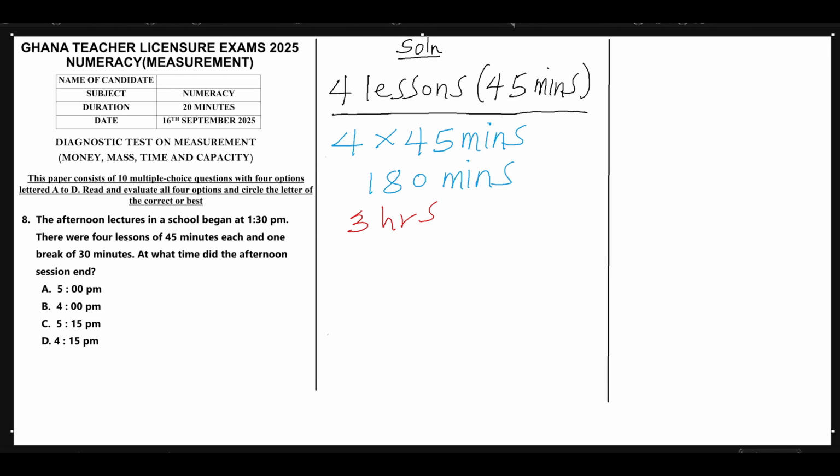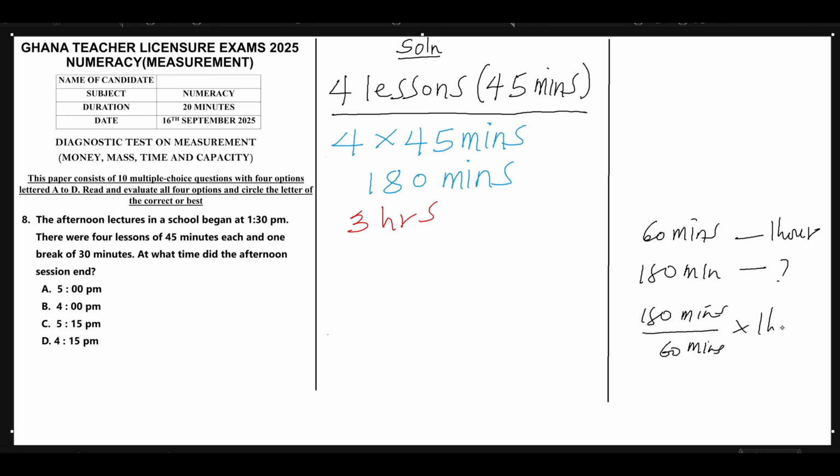180 minutes, when converted to hours, because we know that every 60 minutes is equivalent to 1 hour. So that is 180 minutes divided by 60 minutes multiplied by 1 hour.